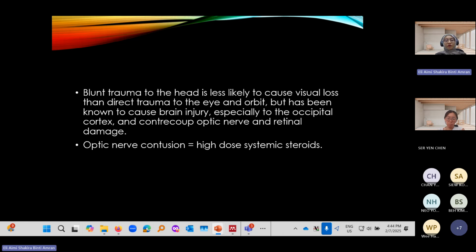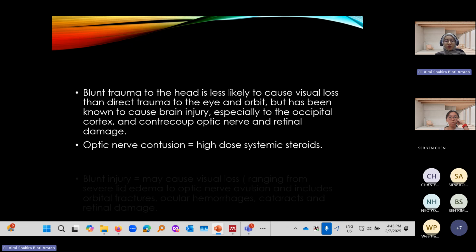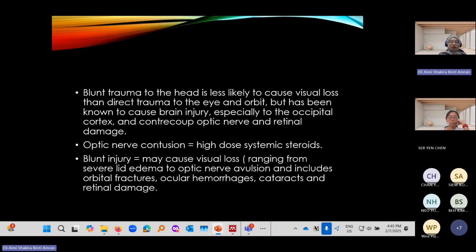Okay, optic nerve contusion can cause visual loss, and it is treated with a high dose of systemic steroids. Blunt injury can cause visual loss.